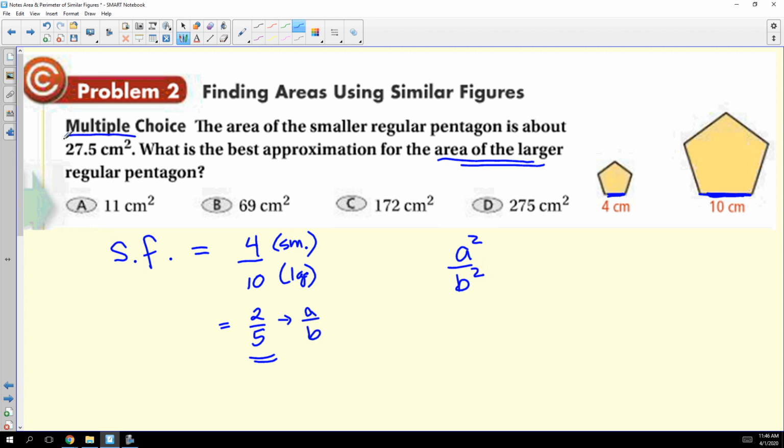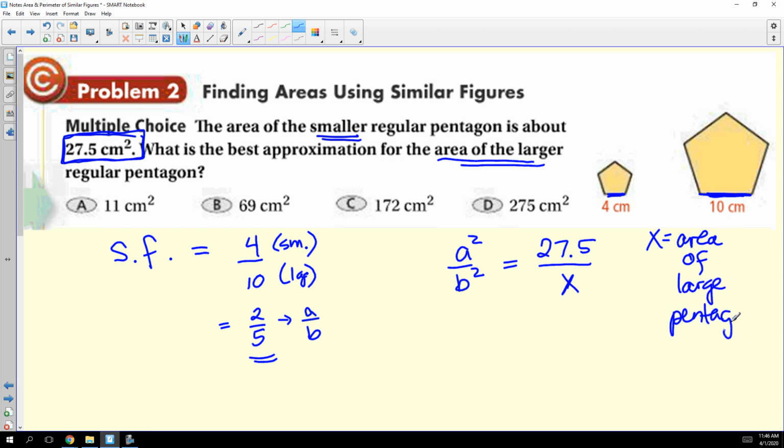Because I know this area is 27.5, I'm using 27.5 as the area of the smaller, so I'm going to put that in the numerator: 27.5 over x. x just represents the area of the large pentagon. That's all it is.